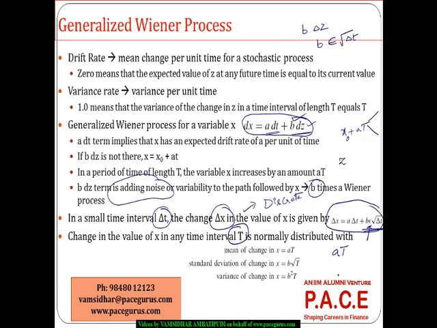The variance of b dz is b squared times the variance of dz, and the variance of dz for one period is 1, so for t periods it is t. So it becomes b squared t, and the standard deviation of the change in x is the square root of the variance, which is b into square root of t. So this is the generalized Wiener process, which follows the form dx equal to a dt plus b dz.